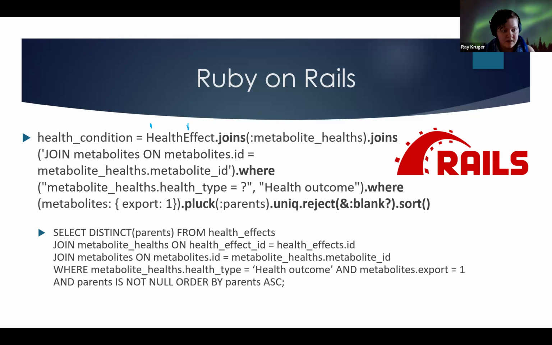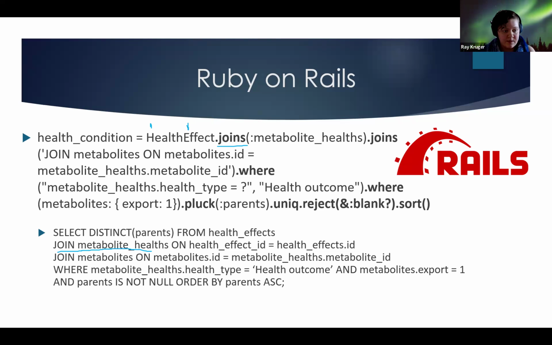Then it's dot joins. There are no spaces in Ruby on Rails, except for here. But in the query, there will be no spaces while there are spaces down there. This will join; how this joins is set in another file. So this joins to this one.